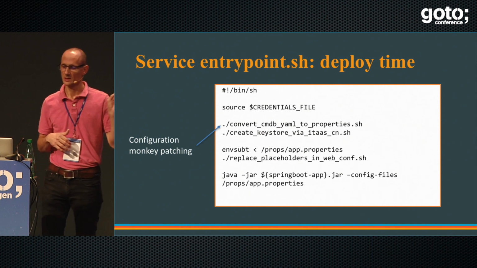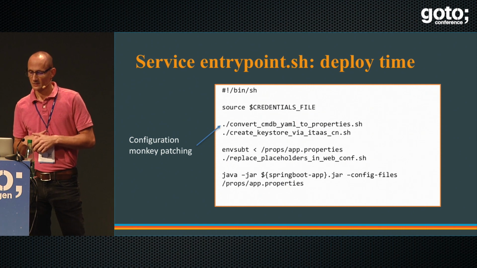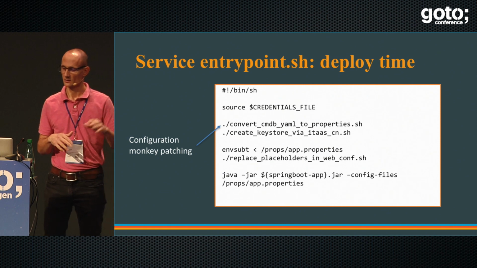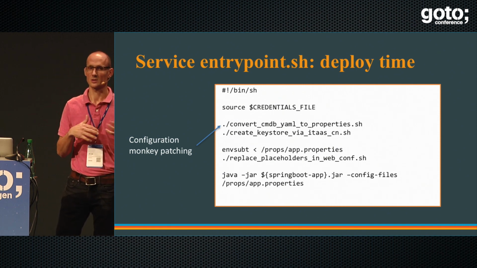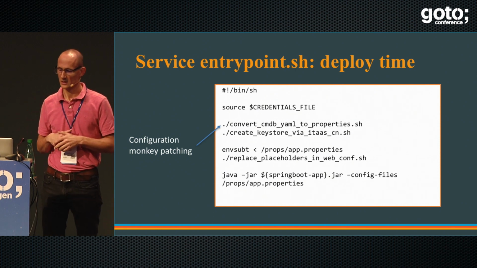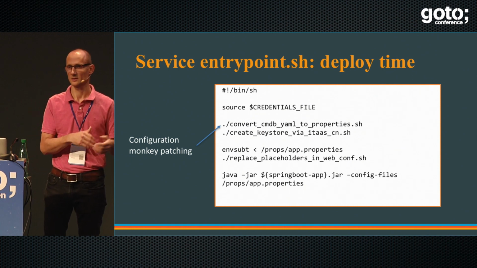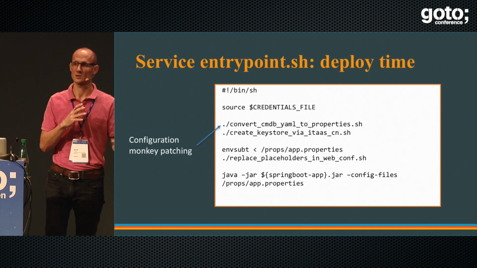So let's have a look at the entry point that I talked about earlier. First, we source the credentials file that was in the previous slide, so we can use everything inside it for the rest of the script. As I said, we use VMs today, and we want to migrate to Docker. For the VM world, we use a deployment tool.